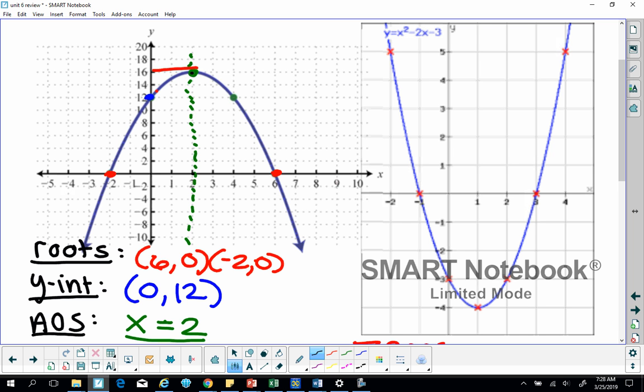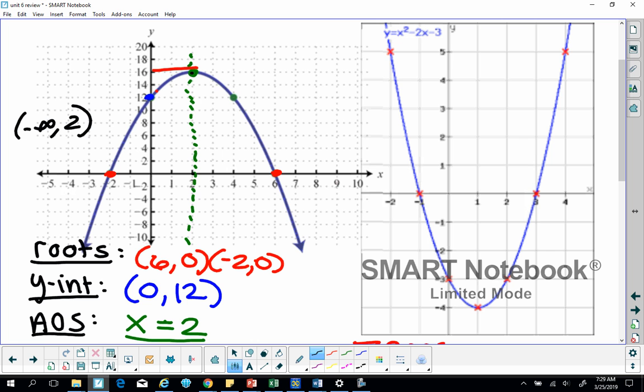So when it's increasing, I'm going to just put it right here. It's increasing from negative infinity, going up, up, up until it reaches 2. That's when it's increasing. It's decreasing from 2 to infinity because it's going down.